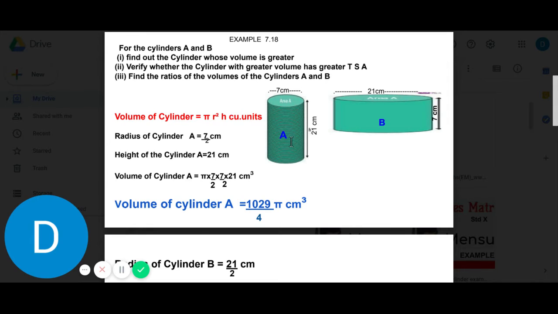And height of the cylinder is 21. So let us substitute in the volume of cylinder formula, that is pi into 7 by 2 into 7 by 2 into 21 centimeter cube. You can multiply the numbers in the numerator. 7 into 7 into 21, that is 1029 pi divided by 4 centimeter cube.